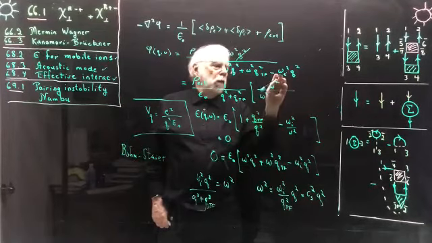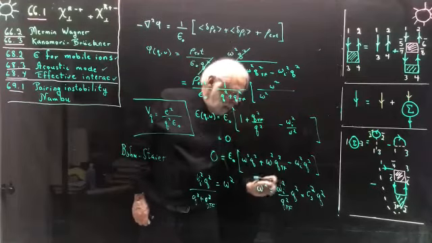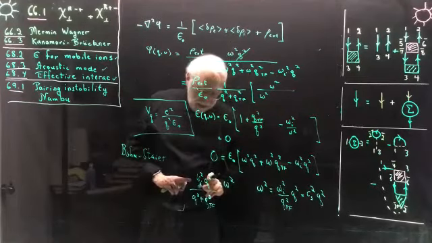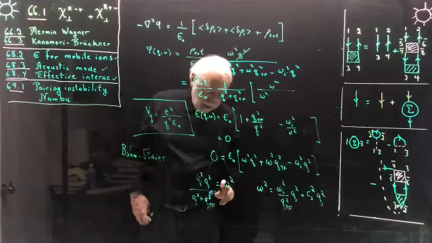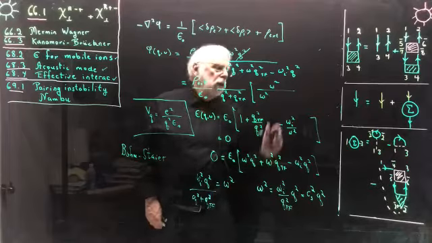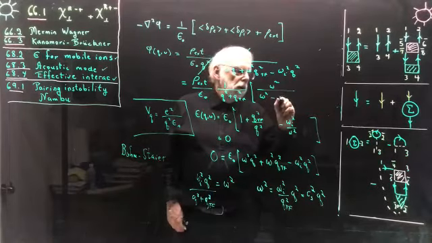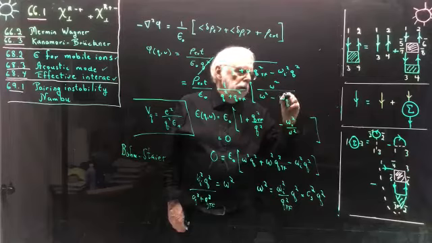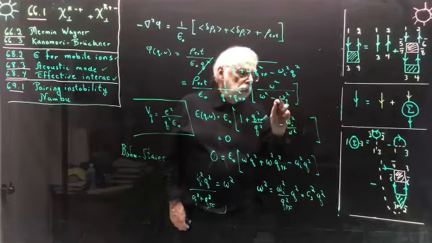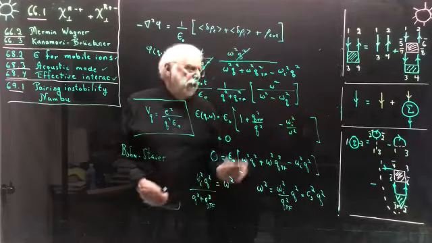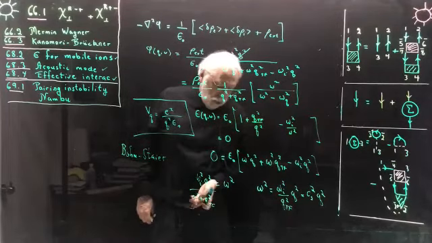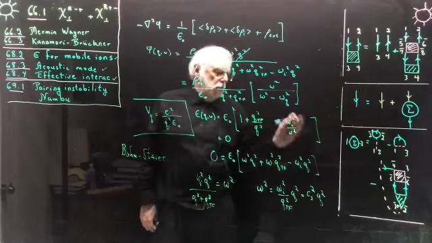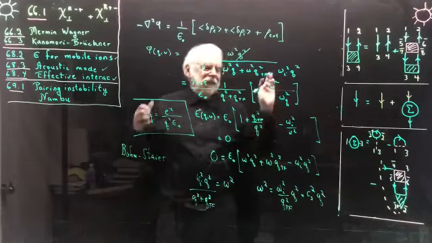And here I have omega I squared divided by this. But omega I squared divided by this q squared plus q Thomas Fermi squared is the phonon frequency that I will call omega q squared. So this goes to 0 at 0 frequency, and this is the phonon frequency.